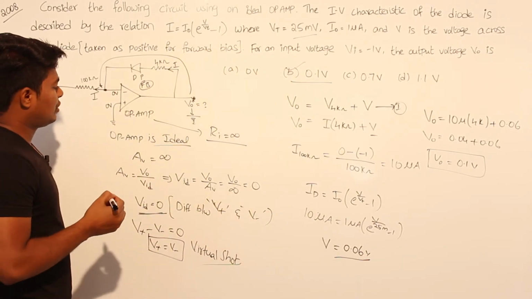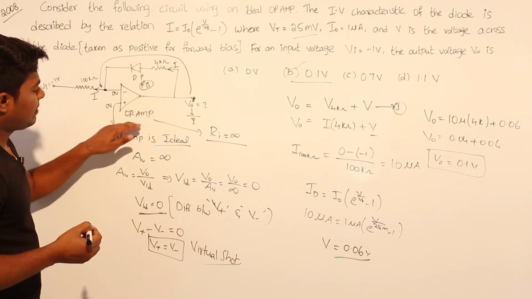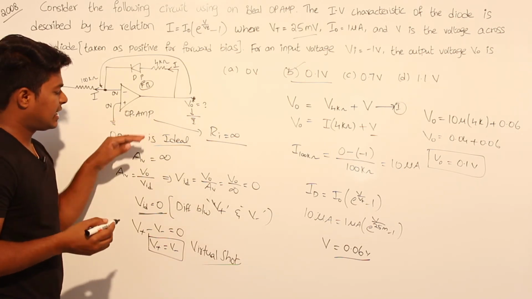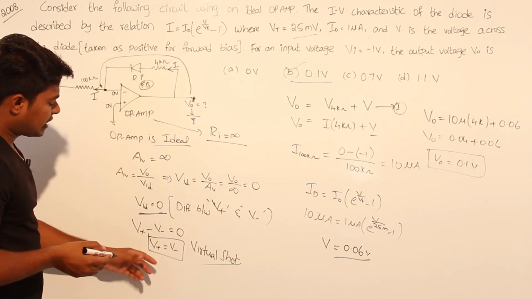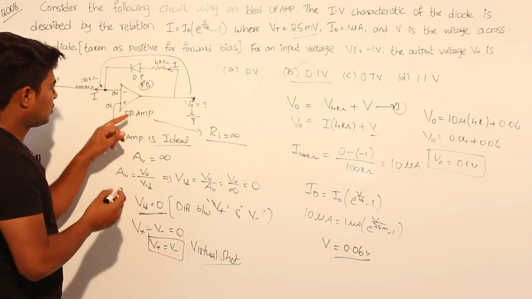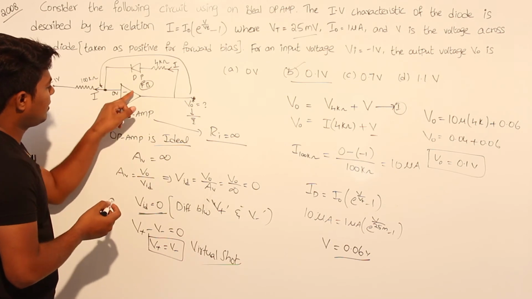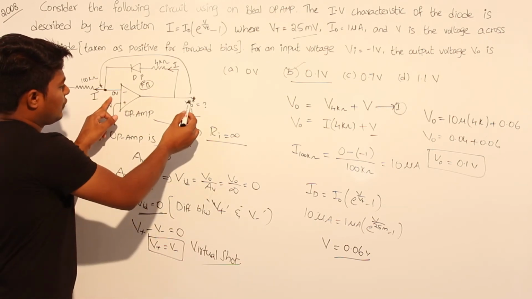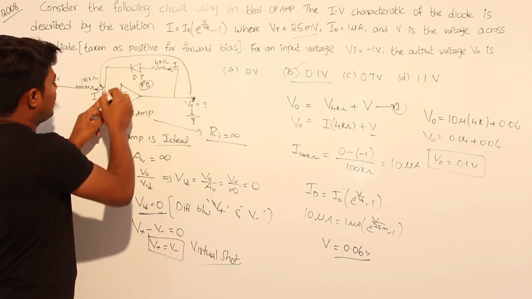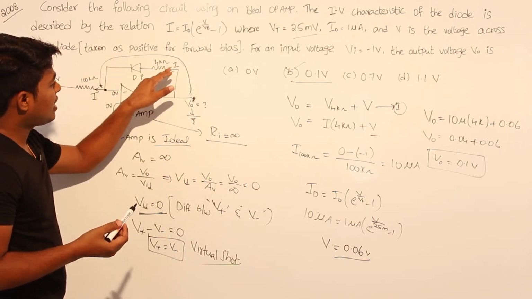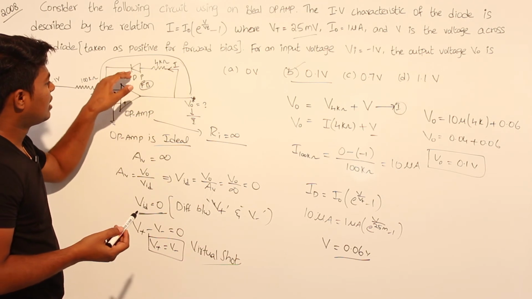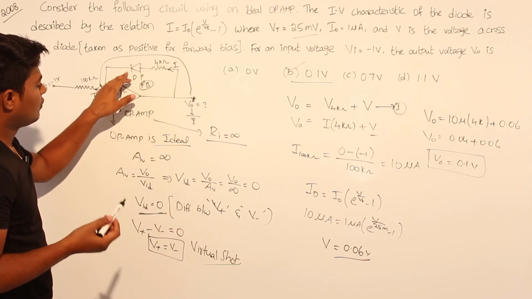How we derived the solution: they say that the op amp is ideal. If the op amp is ideal, then it is in the virtual short condition, where the voltages at both terminals are the same. So if plus is at 0 volts, then minus should also be at 0 volts. So V0 can be calculated from this point to the ground, and for that we need the current passing through the 4 kilo ohm resistor and the diode voltage.